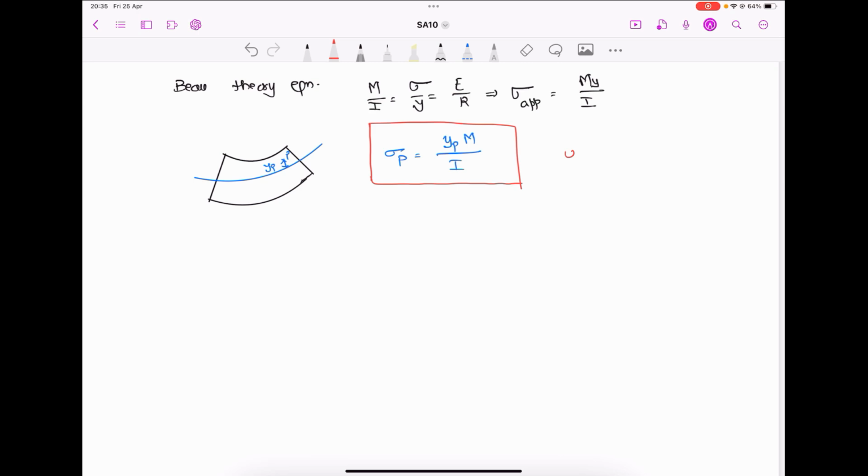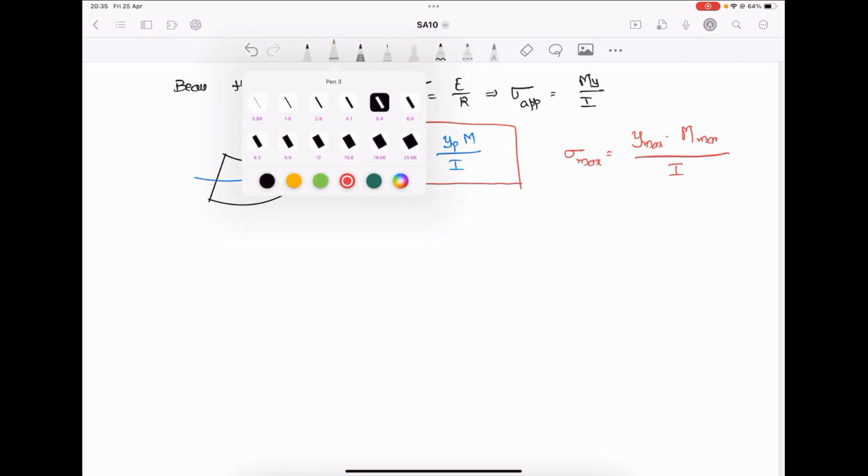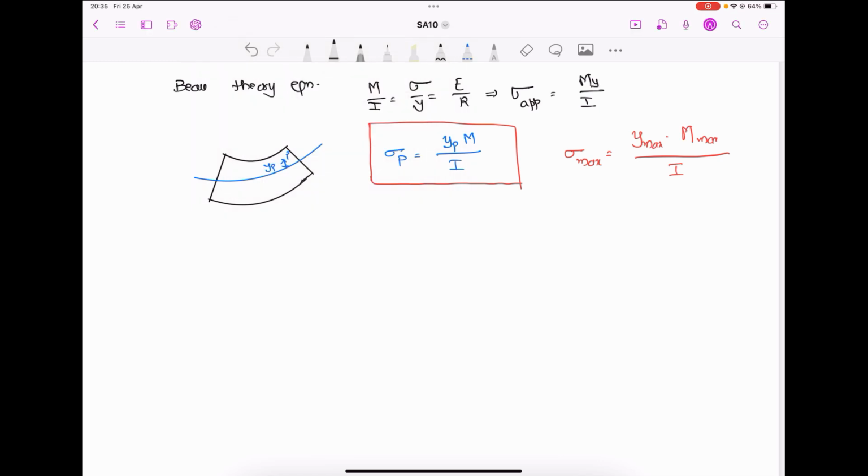Then what is sigma maximum? That is equal to Y maximum into M maximum divided by I. Please remember this. The maximum applied stress can be calculated by this equation.